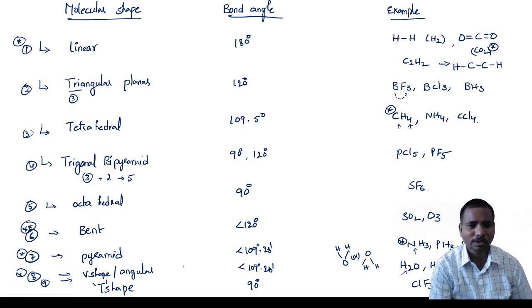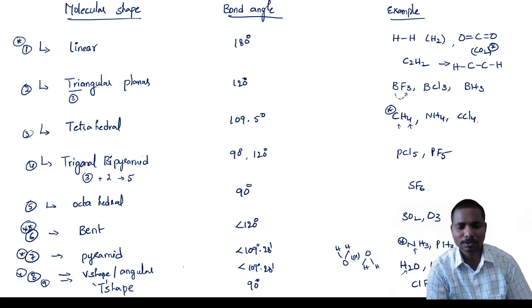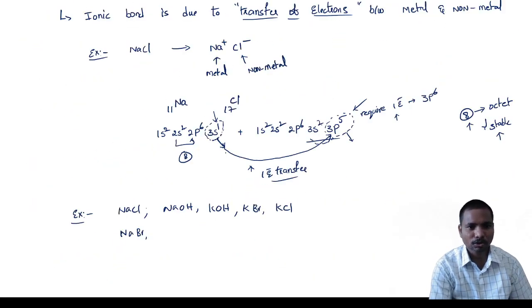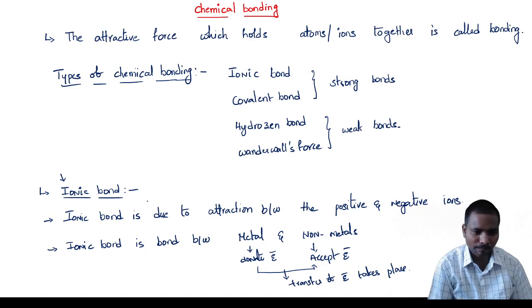Another bond is also there, the coordinate bond, that is not that important. Sometimes they will also ask what is another name of ionic bond. Electrovalent bond.